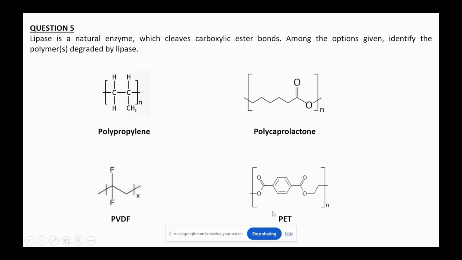PET, polyethylene terephthalate, is nothing but a polymer of terephthalic acid and ethylene glycol. So that is the PET structure. And then you have PVDF, polyvinylidene difluoride. So you have two fluorine groups. So this is the structure of PVDF.